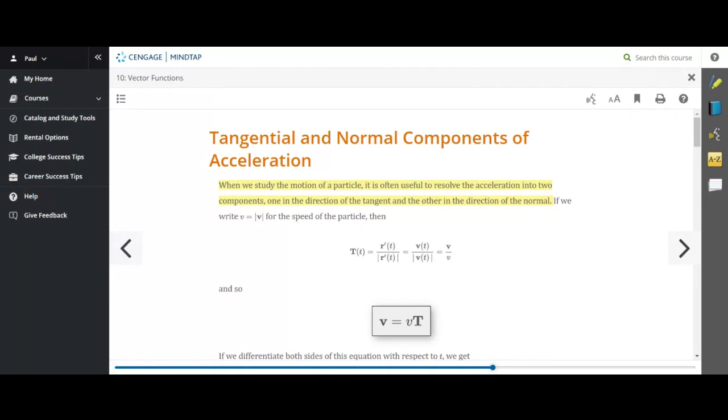So what rule is going to be used to take the derivative of the right-hand side? It's one of your derivative rules.